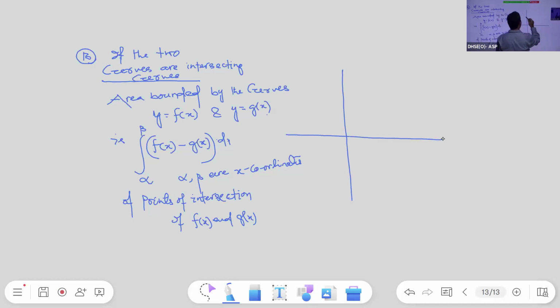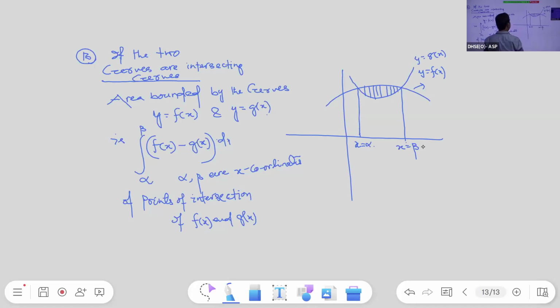This is y is equal to f of x, this is y is equal to g of x. So for the area of this region, the x coordinates of the points of intersection are x is equal to alpha and x is equal to beta. Again we will apply the formula upper curve minus lower curve.